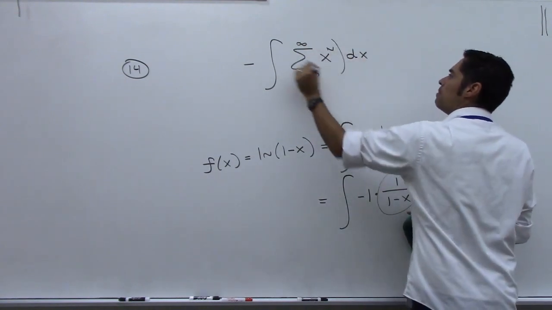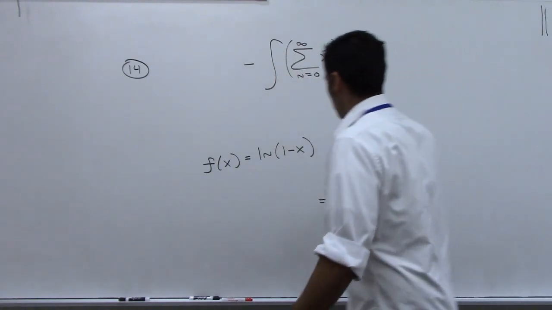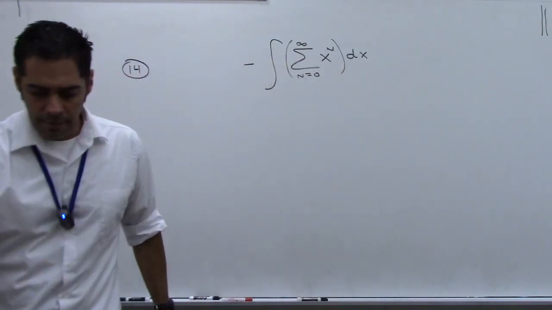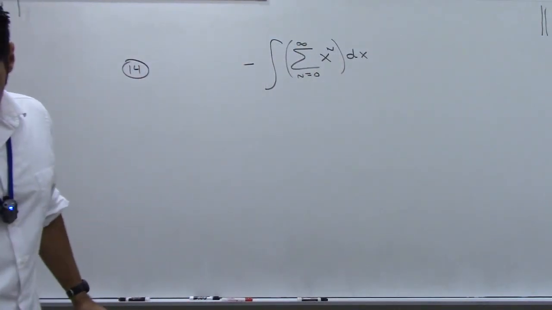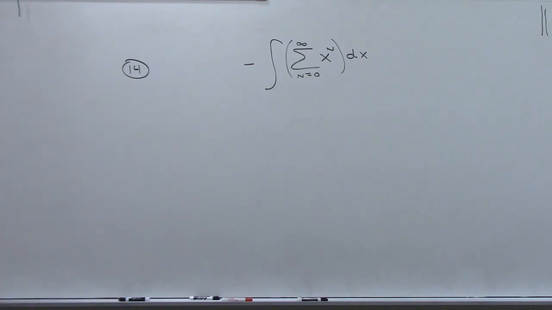So I want to integrate this power series. So when we integrate a power series, we use our general formula that I gave you in class. The big thing about integration is that you do not have to do anything with changing of the index.